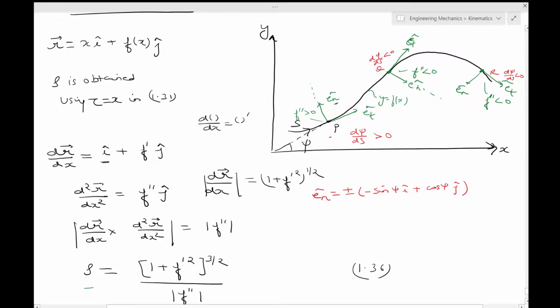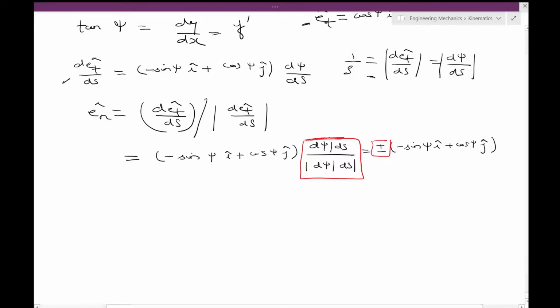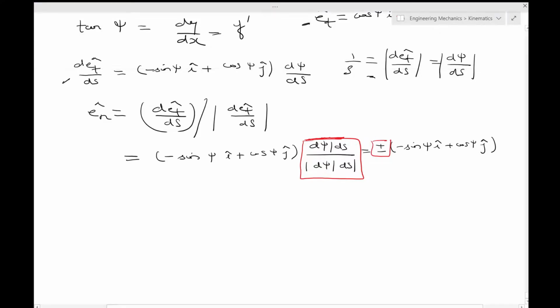Okay, and obviously it goes without saying that all these normals will be directed towards the center. So d psi by ds, this sign is determining what to put. Basically this has become plus minus over here.